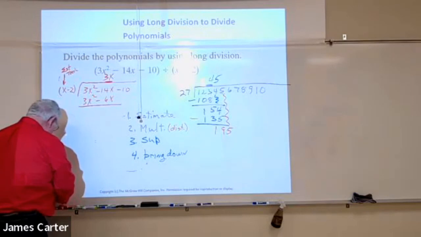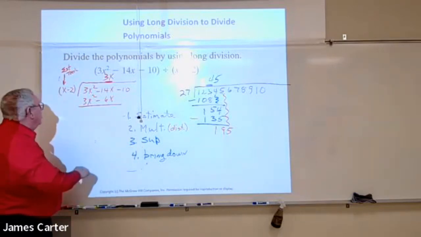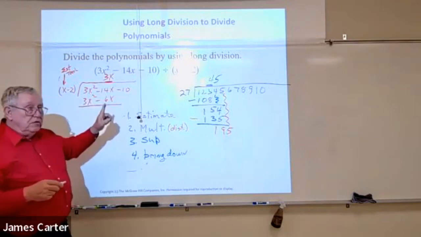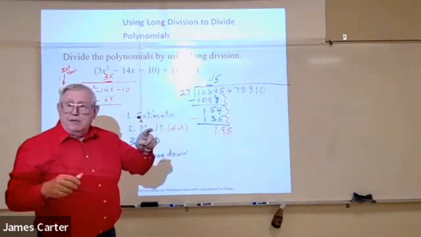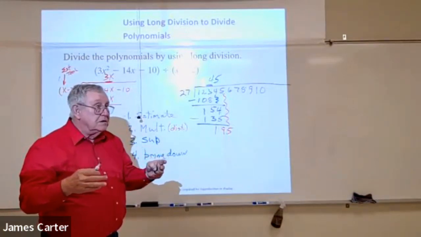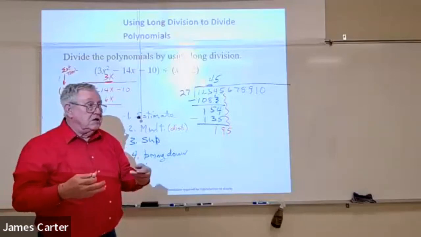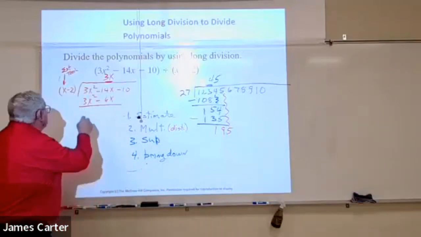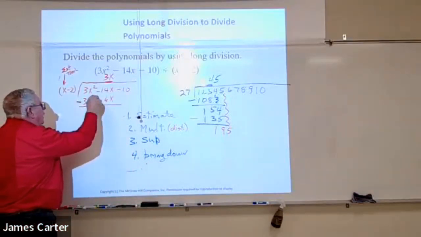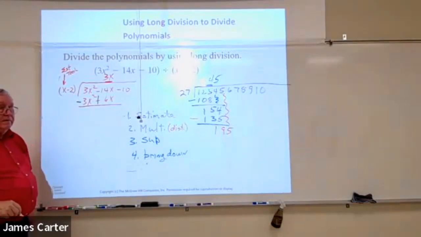Now what do I do? I subtract. Now, when we're dealing with polynomials, remember that lesson we had about finding the opposite? Finding the opposite and adding is the same thing as subtracting. So what we do is we take both of these and find the opposite signs. Okay?